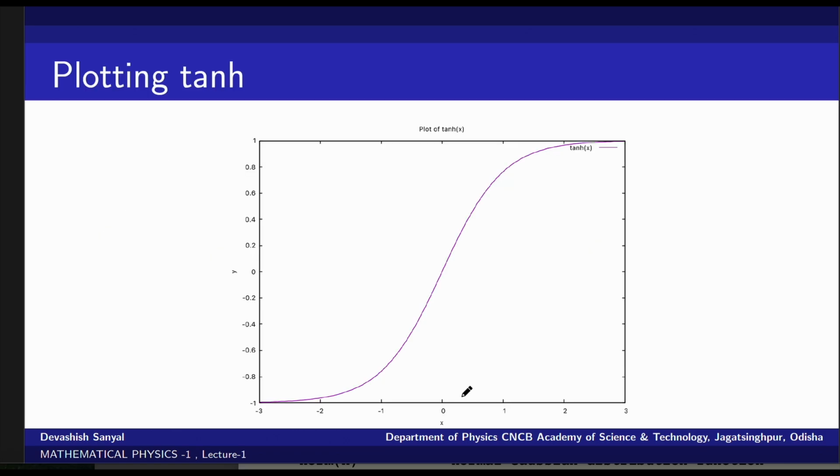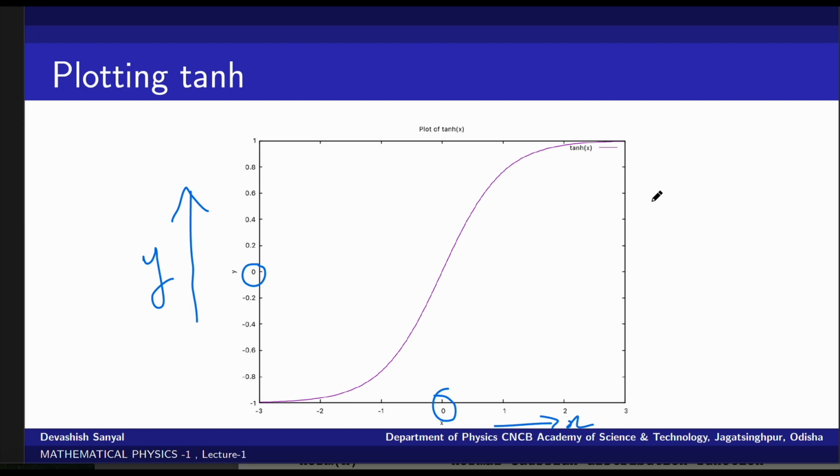And this is my tan hyperbolic function. Here what we have plotted is a tan hyperbolic function. This is my y and this is my x. Here we have the 0 of y and here we have the 0 of x. So what is the tan hyperbolic function?